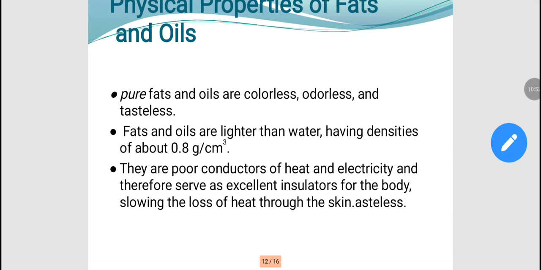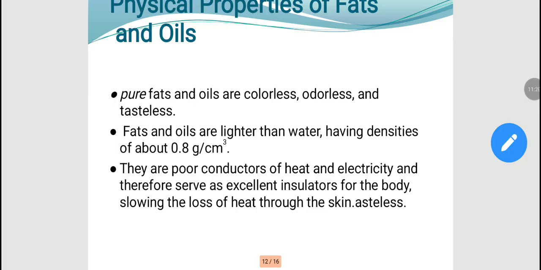Then physical properties of fats and oils. Pure fats and oils are colorless, odorless, and tasteless. Fats and oils are lighter than water, having a density of 0.8 gram per centimeter cube. Fats and oils are poor conductors of heat and electricity and therefore serve as excellent insulators for the body, slowing the loss of heat through the skin.